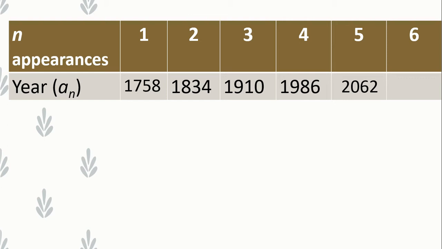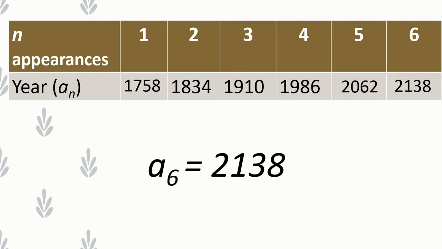But you are asked to solve for the sixth year of appearance. So we will just add again 76 to the previous term, which is 2062, and that will become 2138. Therefore, the sixth year of appearance of this comet is in the year 2138.